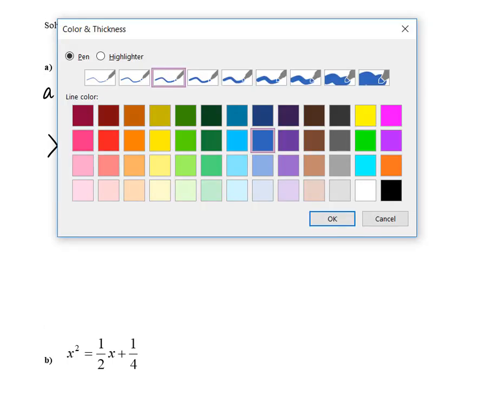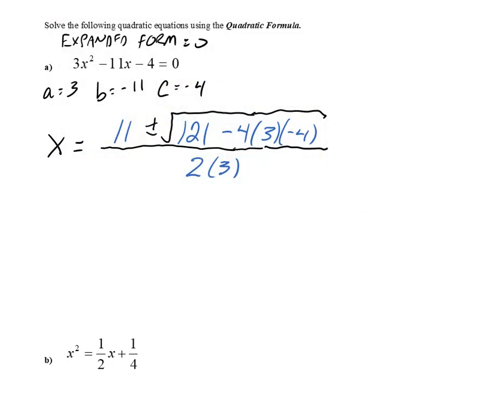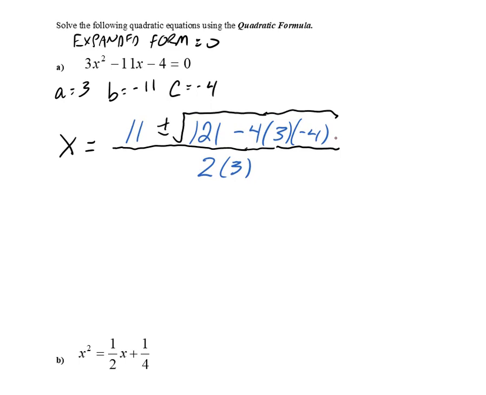All right, so some of the things that we'll be doing when we simplify this, the first thing we're going to simplify is underneath the square root. So if we simplify that, we get 121. The next term would be a negative 4 times negative 4 times 3, or a positive 48.